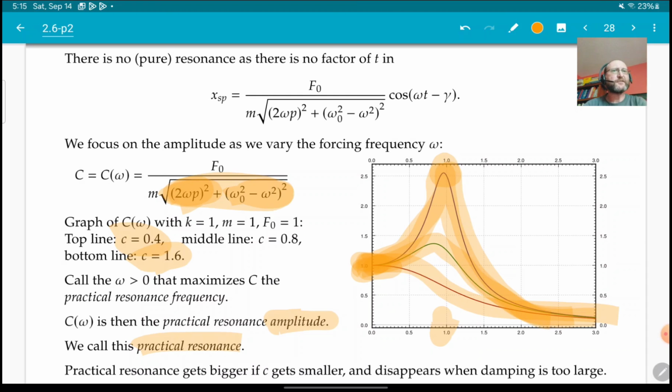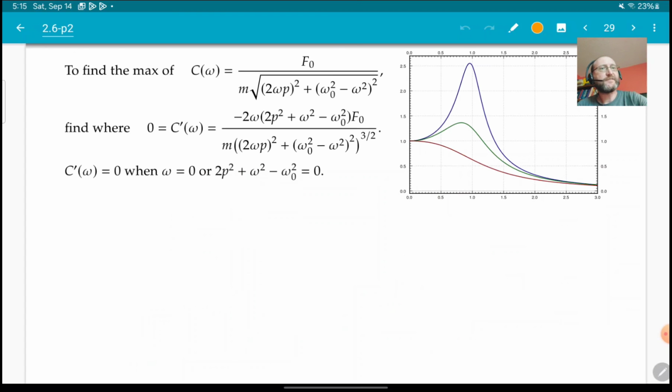So it's maybe not so easy to see where the maximum is in this setting, but it's not too bad actually. If we try to find the maximum, you could do a bunch of different things, but one way would be to just take the derivative of c, find where it's zero.